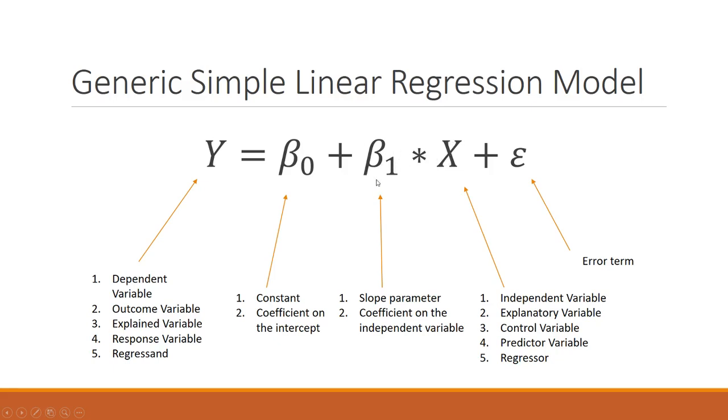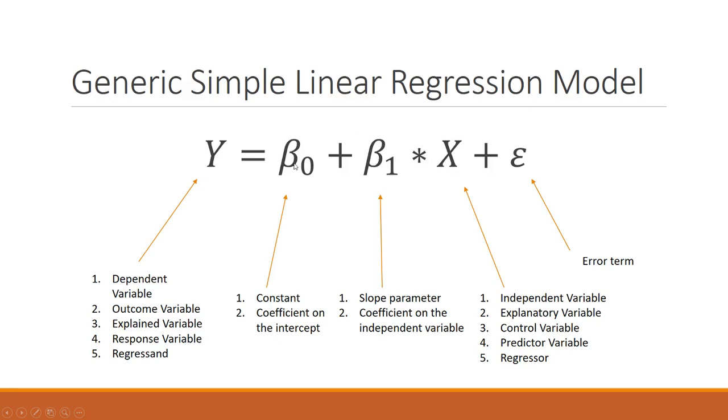And the slope parameter gives us the relationship between y and x. Beta 1 tells us how much y goes up when x goes up by 1 unit. How much your income will go up if your education goes up by 1 unit. That's what beta 1 tells us.